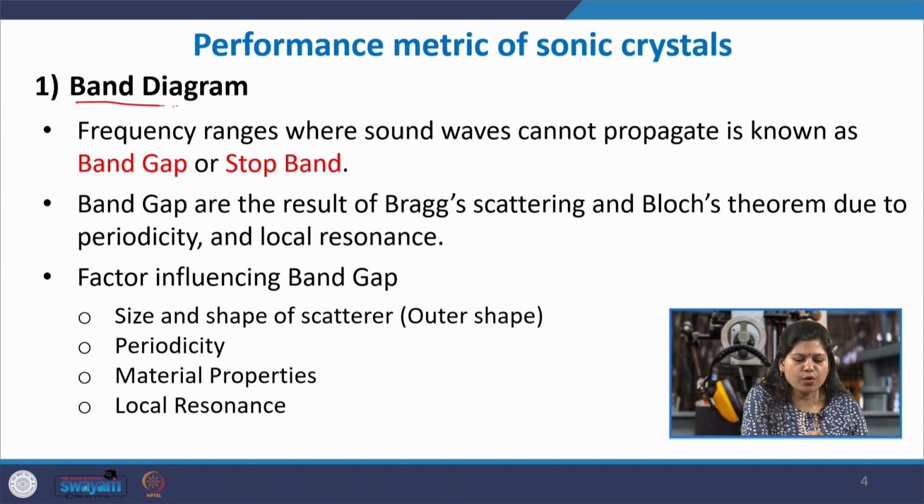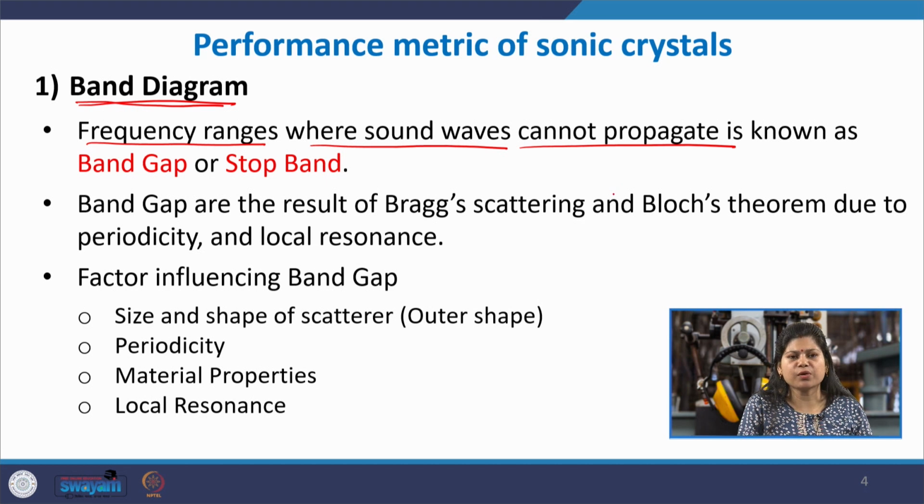Usually the sonic crystal's performance can be measured by plotting a diagram called the band diagram. This has been derived from solid state physics, where the band diagram is pretty common. So, what is it? There are certain frequency ranges where sound waves cannot propagate through the sonic crystal.